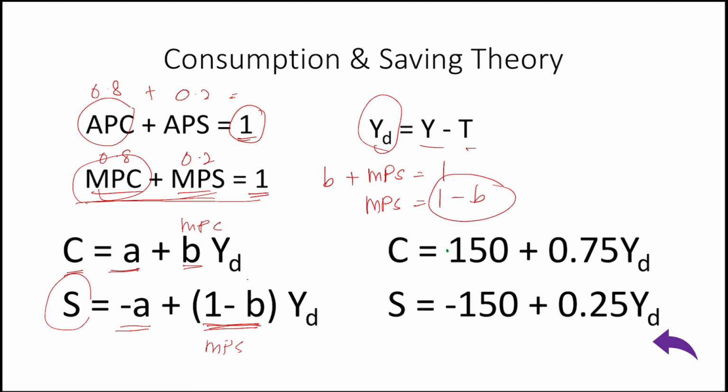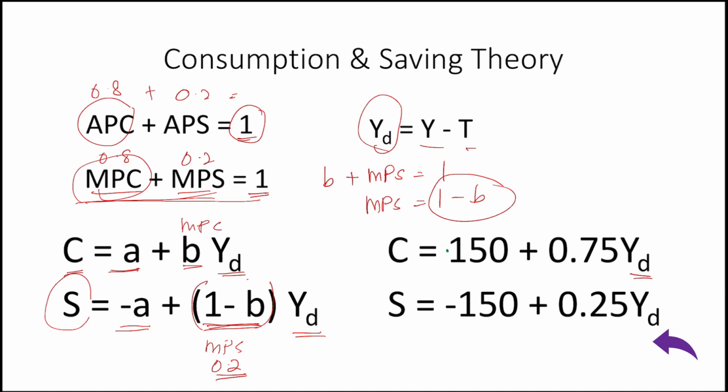Okay, that's why here 1 minus B is one value. Meaning if MPC is 0.8, MPS equals 0.2. Meaning 1 minus 0.8, so you will get 0.2. YD can be unknown. For example, C equals 150 plus 0.75 YD.